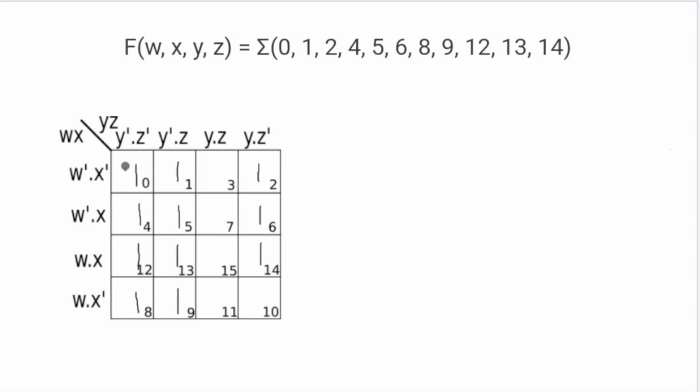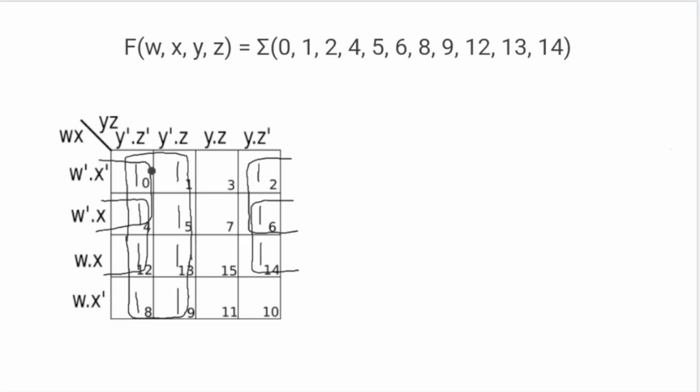So let's make that octet first. We'll have an octet over here, and then we'll form two quads, one over here by rolling the K-map, and the other one also over here by rolling the K-map.